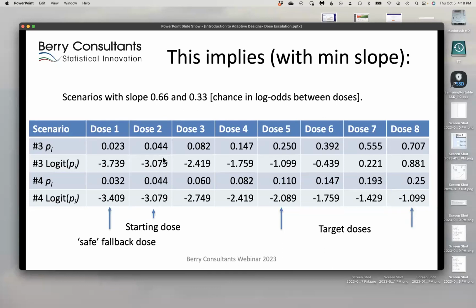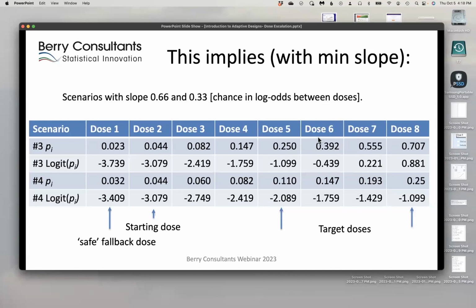So again, with our starting dose at about a log odds of -3, so having a rate of about 0.05, we can see that at the lowest slope, we actually do need to go up to dose 8 to reach our target. Although dose 7 actually also lies within our target band, it's just not in the middle of it. And our median case would be that we'd get to our target toxicity at around dose 5.